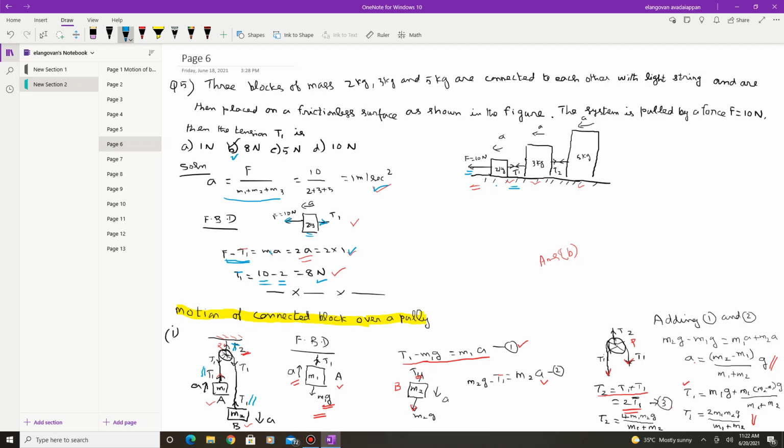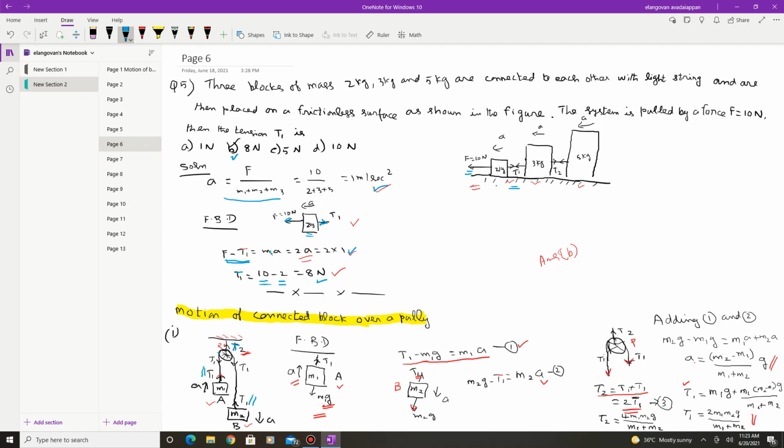Now if you consider the pulley, on the left side segment, T1 is acting from block A towards the pulley, and again T1 is the tension acting from up to down.